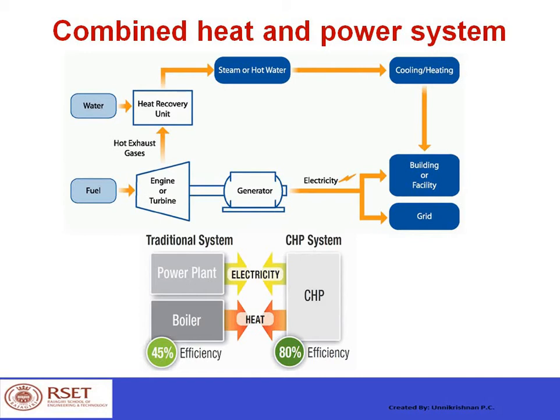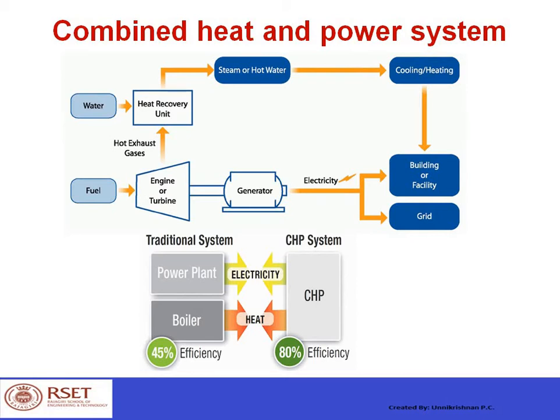Now when the fuel is burnt, it produces hot exhaust gases which goes to the atmosphere. So it's a wastage of energy. If this heat can be recovered by using some heat recovery unit, or this heat can be used for some useful application like water heating, then such a system is called combined heat and power system.